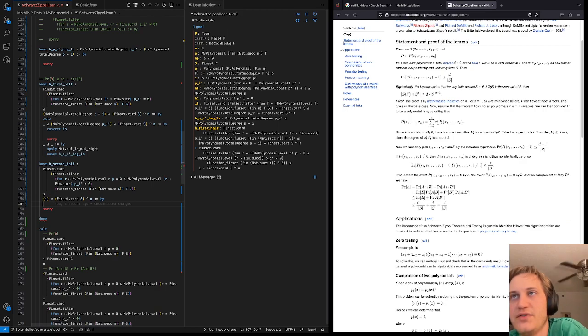Yeah, so if Pi R2 through Rn is non-zero, then considering a fixed R2 through Rn, we can consider this polynomial P to be a univariate polynomial.